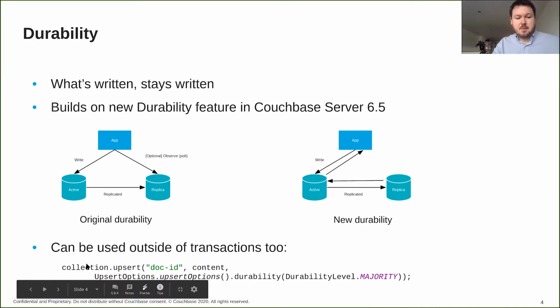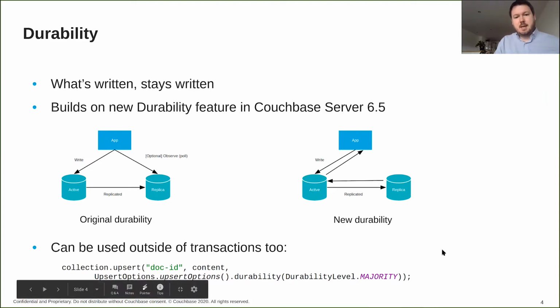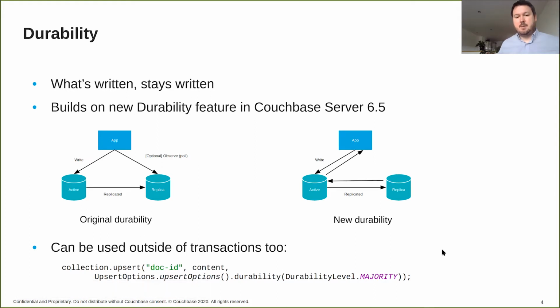I've got an example from Java here. You can just specify the durability level here. And there are various levels of durability. The default for transactions is the durability level majority, which means that the write waits until it's available in memory on the majority of replicas. There are additional levels of durability as well.